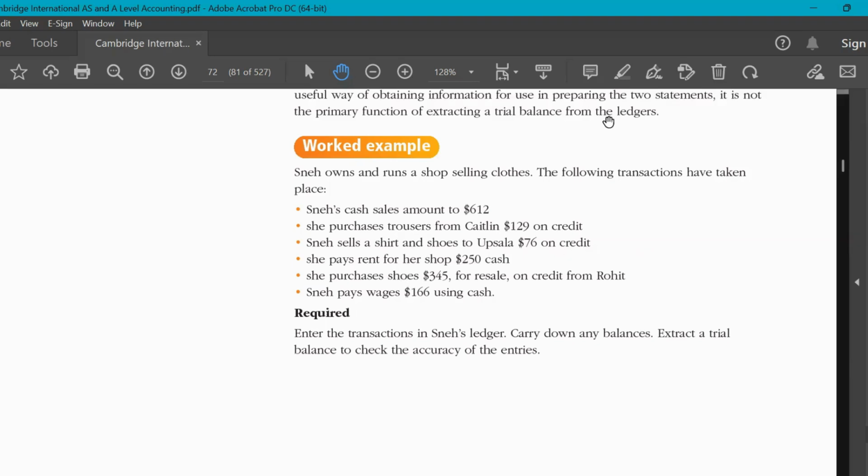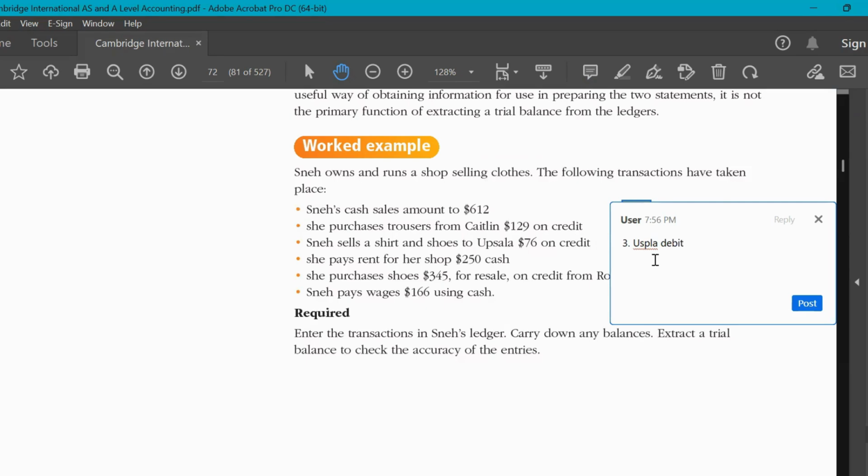So again, let me take note of this. For number three, Uppsala owes something, which is 76, and of course it will be on the debit side.